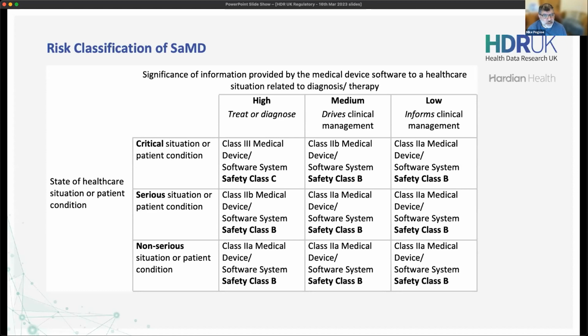Whilst we're on that subject, let's talk about what non-serious, serious or critical means. Very roughly speaking, non-serious is a condition or something that's reversible. Serious, not. Critical, let my clinical colleagues make a better definition of critical. Again, for all of these things, the informing, driving, treating or diagnosing, critical, serious and non-serious, there are formal definitions that we fall back to when we are working out classification with a client.